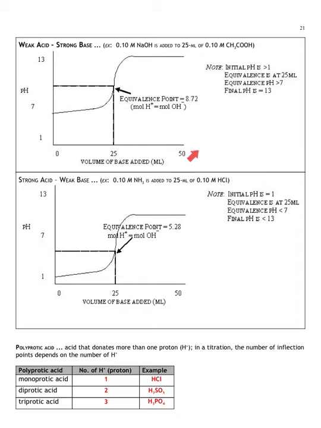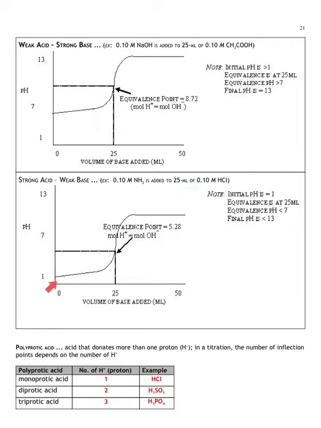Now we go to the third type of titration, which is a strong acid with a weak base. In this example, here's your weak base. Here's your strong acid. Notice you do have to recognize your strong and weak acids and bases. So you're titrating your weak base with your strong acid.